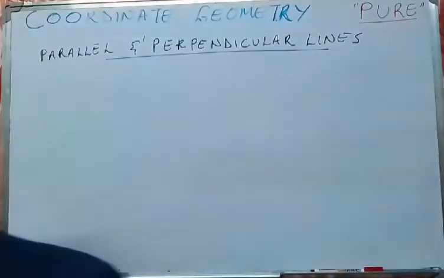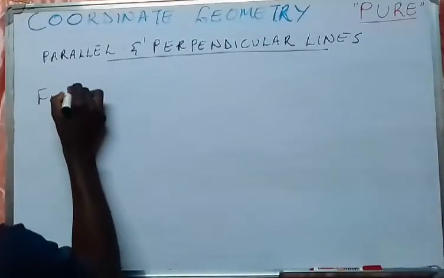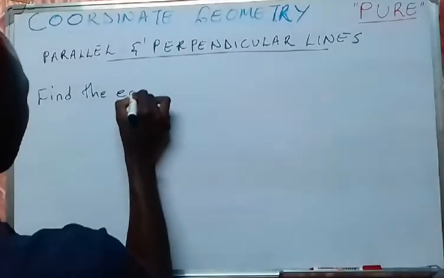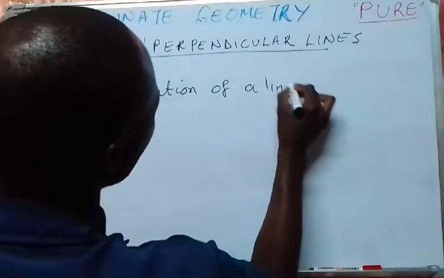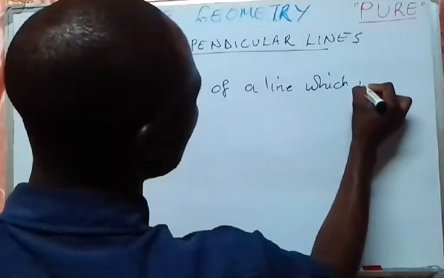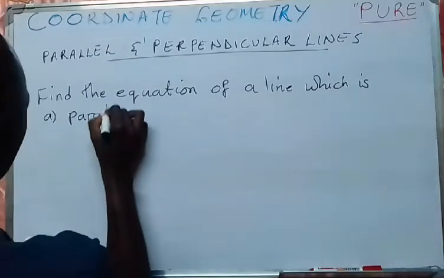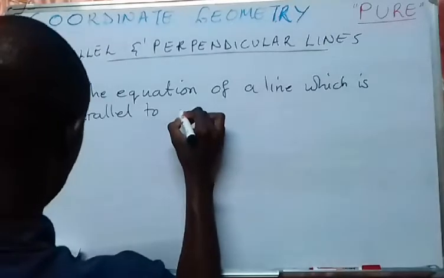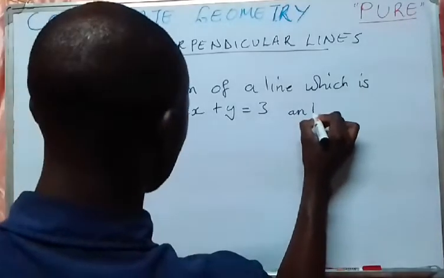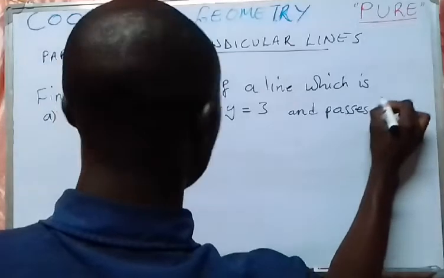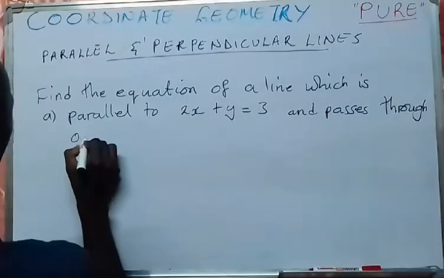Okay, example. Find the equation of the line which is, question A, parallel to 2x plus y equals 3 and passes through (0, 1).